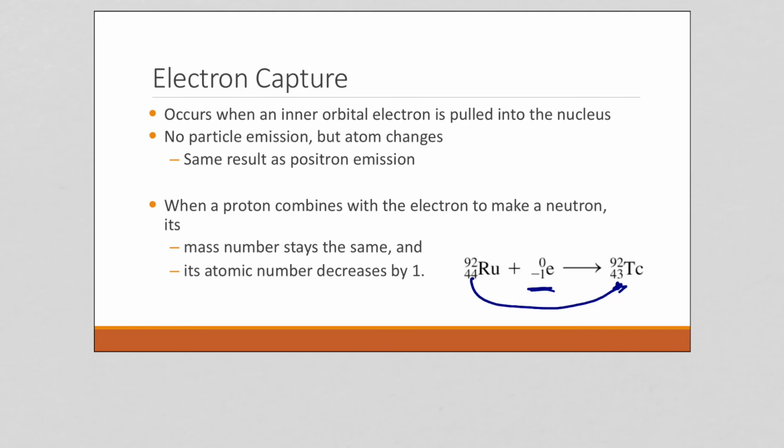So what we're seeing is the same ultimate change as what we saw in positron emission, but a different mechanism. Some atoms will undergo positron emission, other atoms will undergo electron capture. But ultimately, the same net effect.